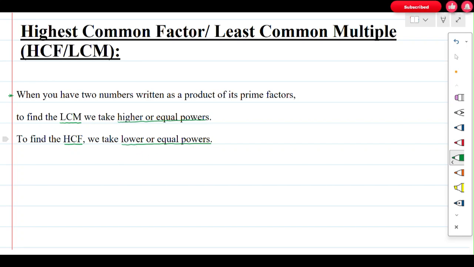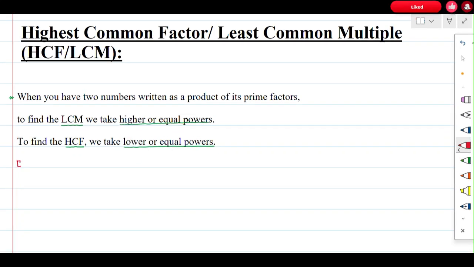So let's do some examples. Example number one is: find the LCM and HCF of the following numbers.